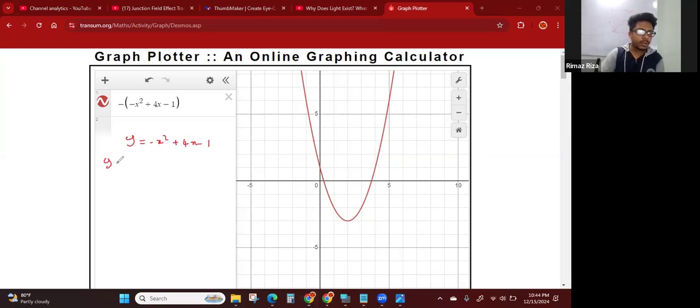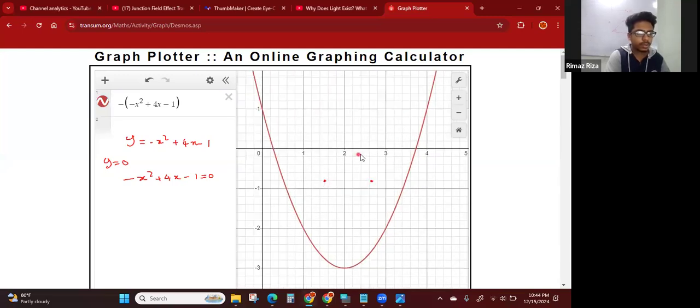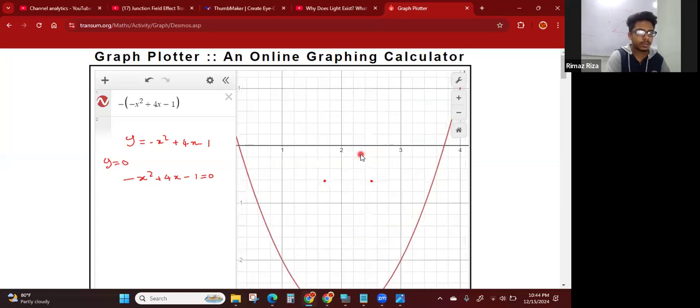If I set y equals 0, then minus x squared plus 4x minus 1 equal to 0 will give the roots, these values, and you can find those values from the graph. Okay, let's not go too much into it.